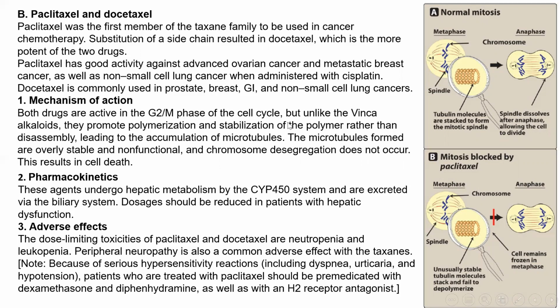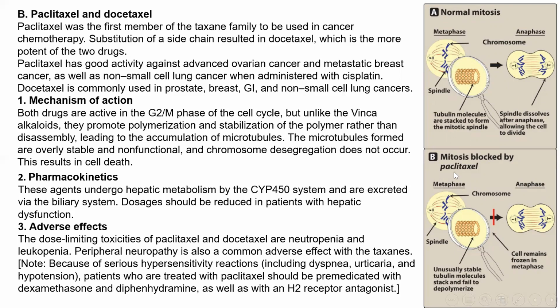The mechanism of action: let's keep in mind the previous slide and what is going on during the metaphase. Briefly, in the metaphase there is a formation of the mitotic spindles, and these spindles, as we said, provide equal division of the genetic materials between the two daughter cells.